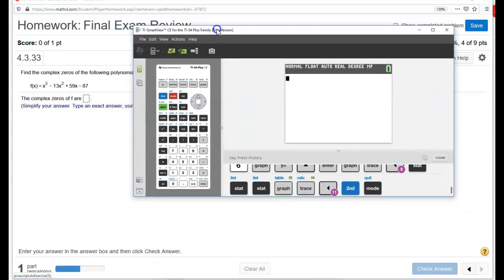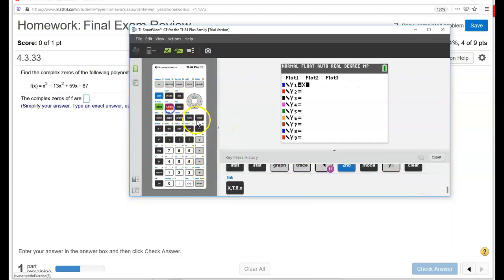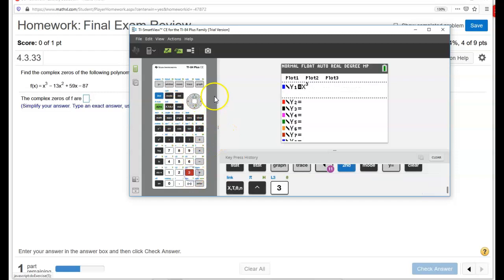So what I'm going to do is go ahead and put this function in my calculator. So x cubed minus 13x squared plus 59x minus 87.